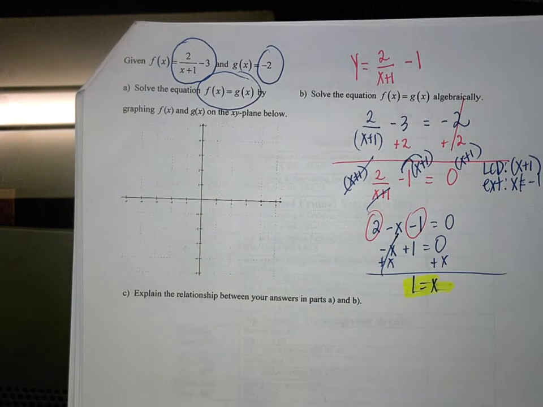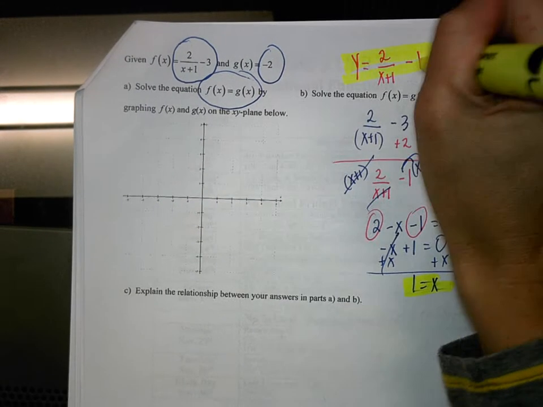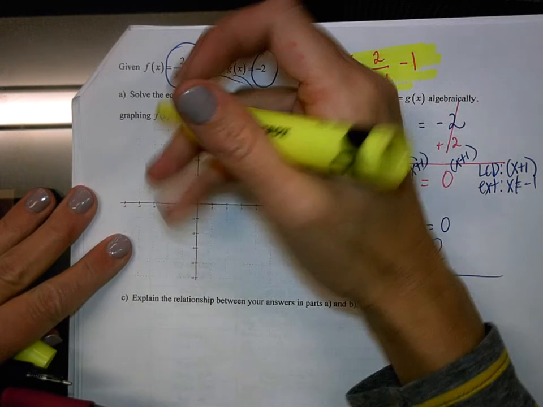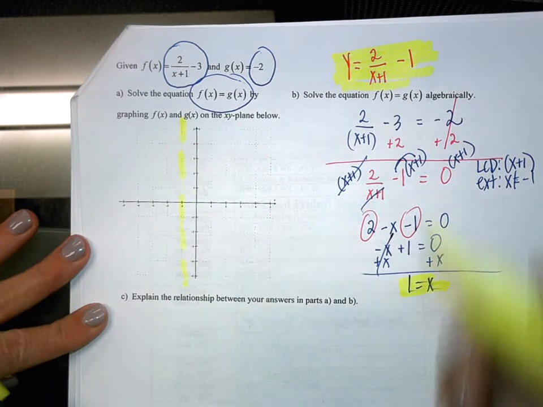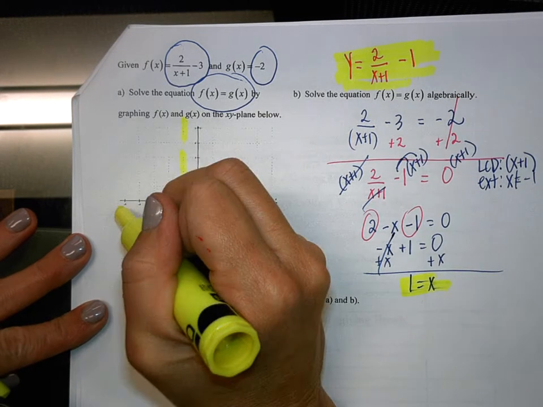Now, when you graph it, you have to use this to graph it, where you're setting it equal to 0. Where is my first asymptote? X equals what? X equals negative 1. And then my horizontal asymptote is at y equals negative 1.